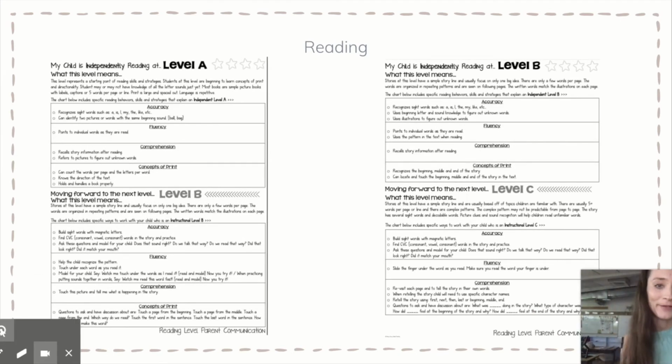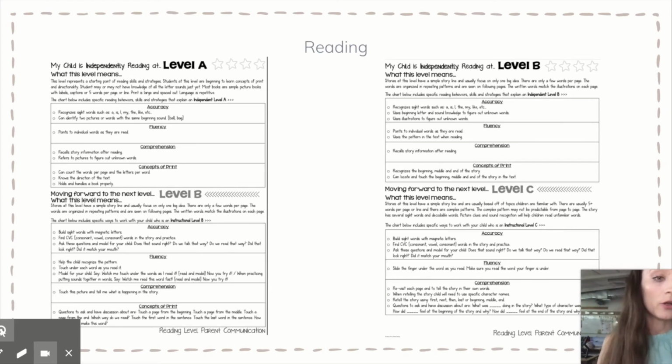So a level A reader is recognizing some of those pre-primer sight words. They're identifying 2 pictures or words with the same beginning, such as ball or bag. They point to individual words as they're reading, and they can recall story information after reading.